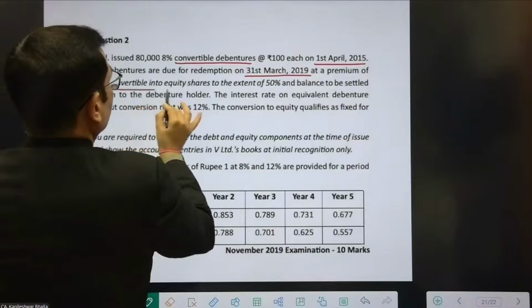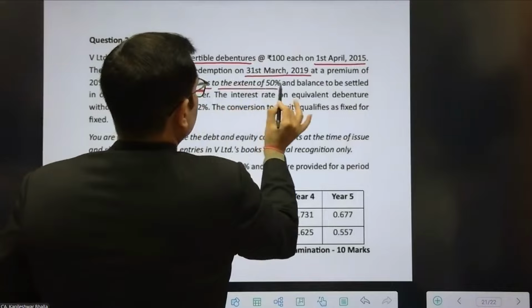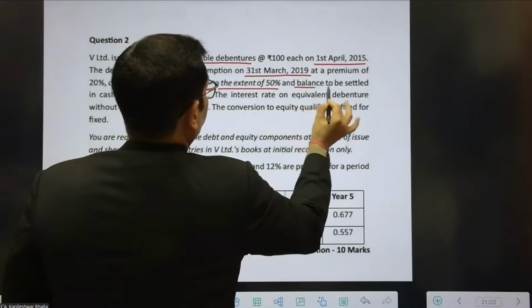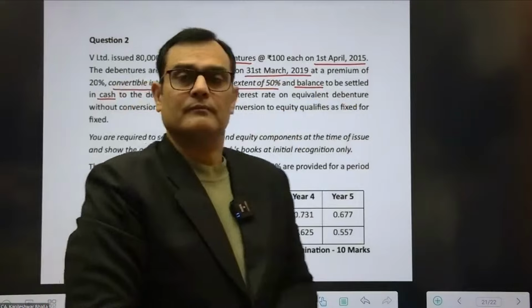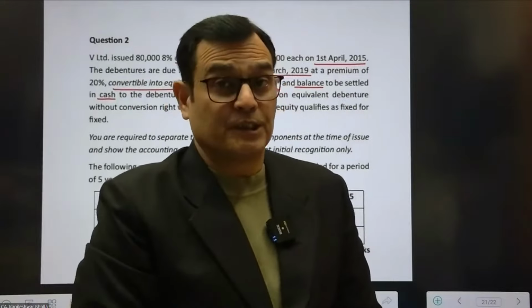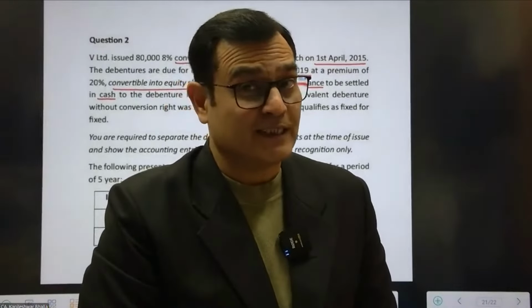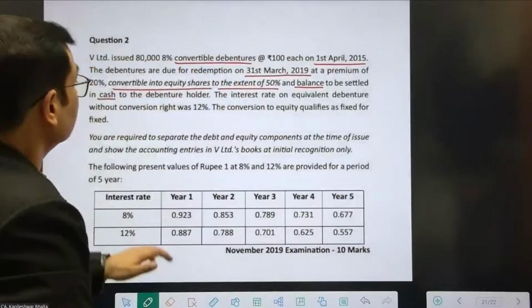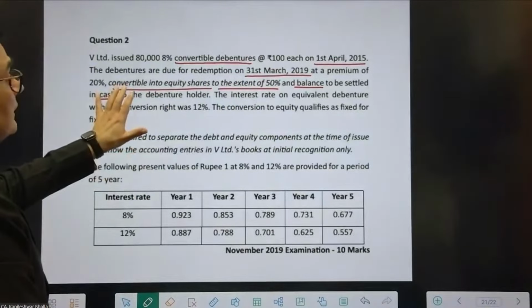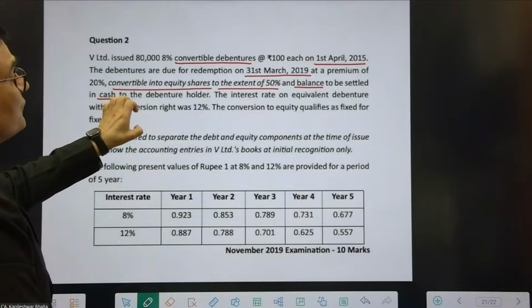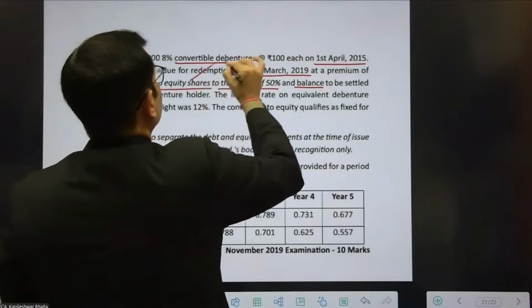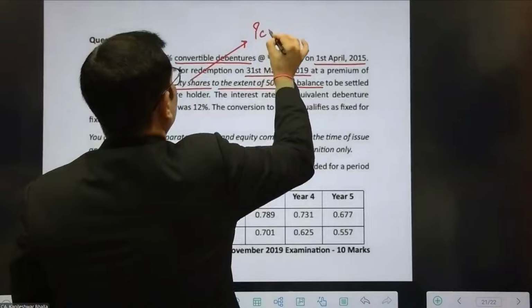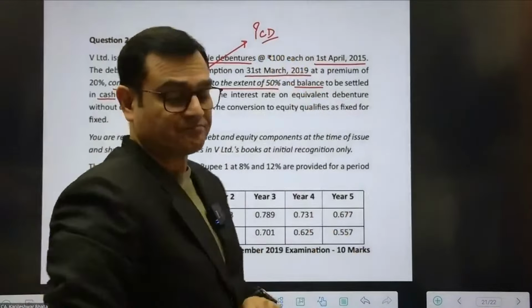It's convertible into equity shares to the extent of 50%, and the balance is settled in cash. 50% is in terms of shares and 50% is in cash. Nowhere did he say that this is an option. He only said 50% shares and 50% cash. So we can say this is a case of partially convertible debenture.